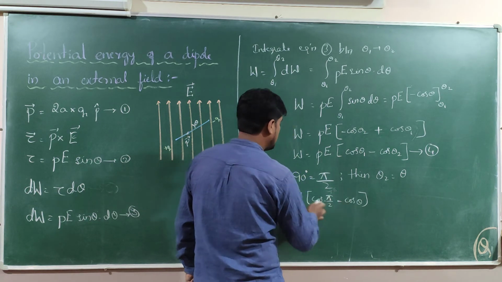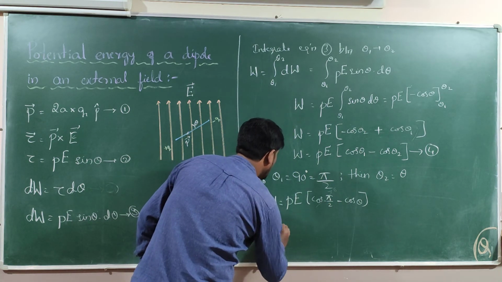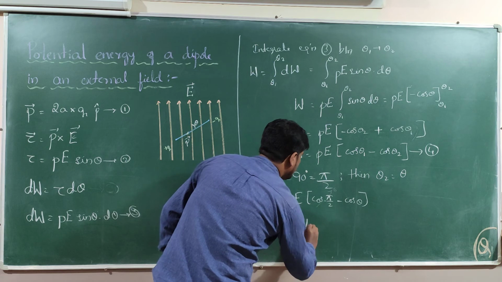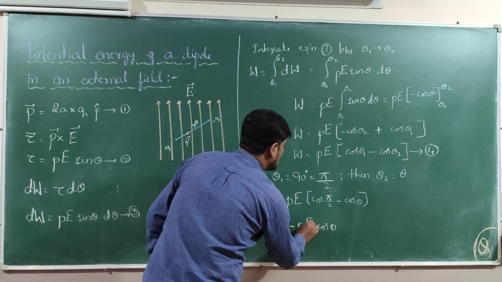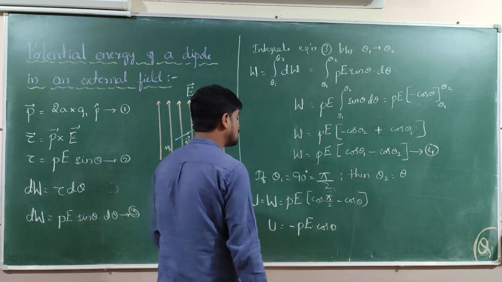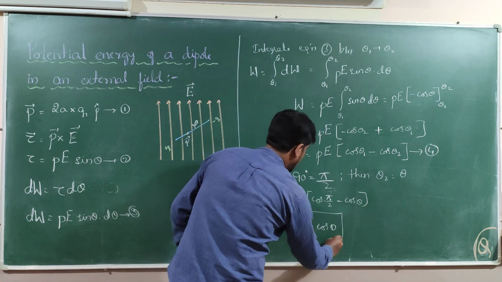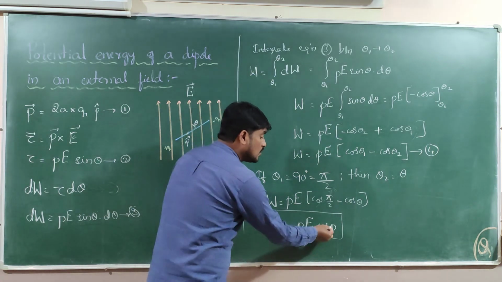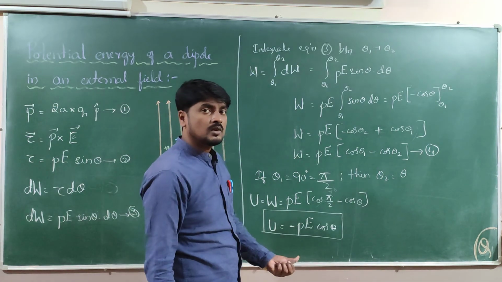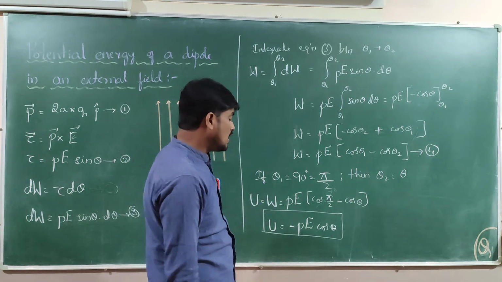So it becomes simply U is equal to minus PE cos theta. PE cos theta is the potential energy stored in an electric field. Look at this: two vector quantities are associated with the cos theta, so I have to use the dot product.